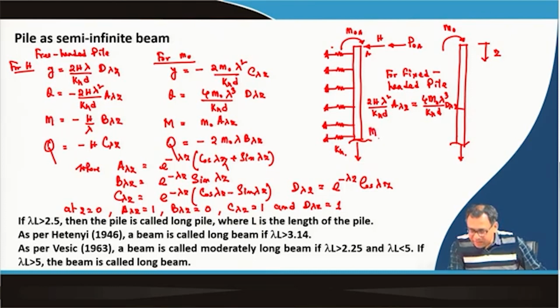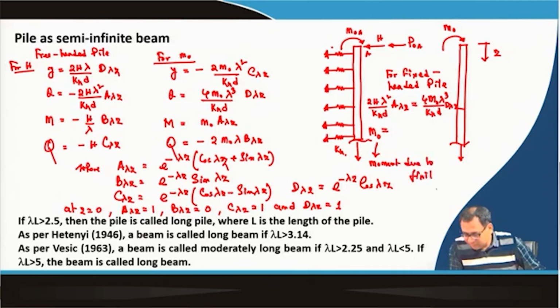So, the moment M0 due to fixity will be equal to h by 2 lambda, from lambda cube over lambda square, and then A lambda z at z equal to 0 and D lambda z at z equal to 0.